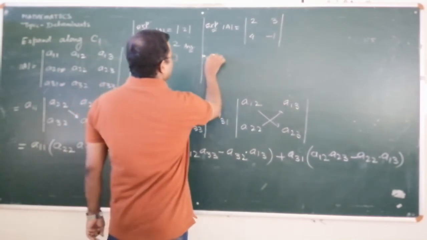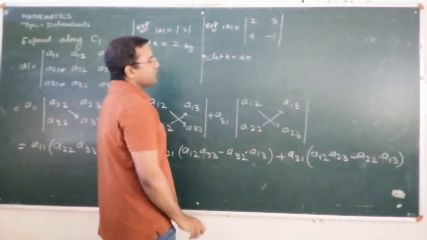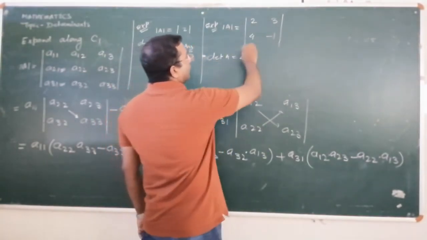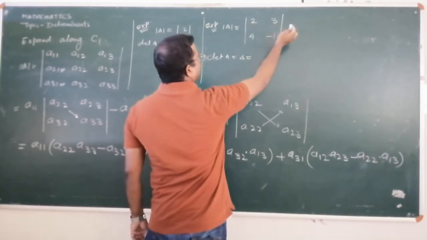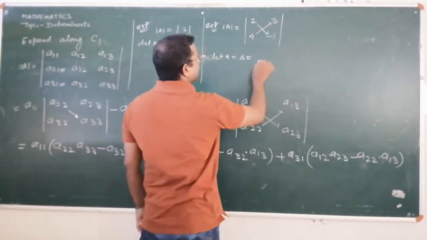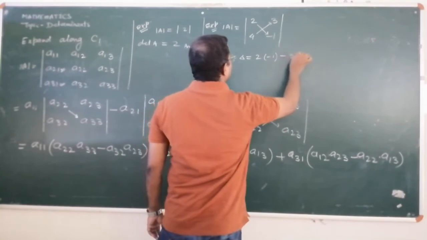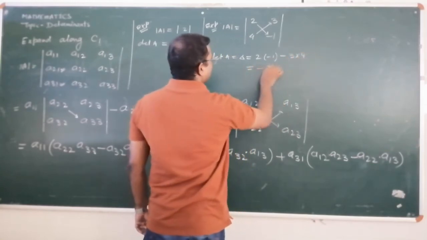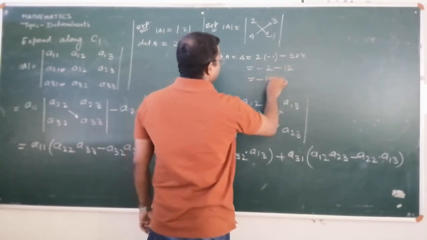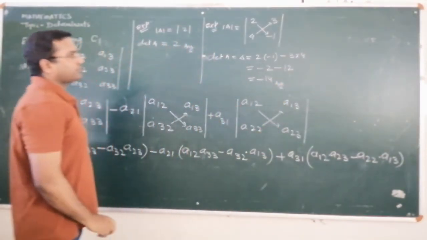So this determinant A is equal to, suppose we are expanding along the row R1, there is no special case of expanding in 2 by 2, the same procedure we will apply here. It is 2 into minus 1 minus 3 into 4. So we will write minus 2 and minus 12. It is minus 14. This is the value of this determinant.